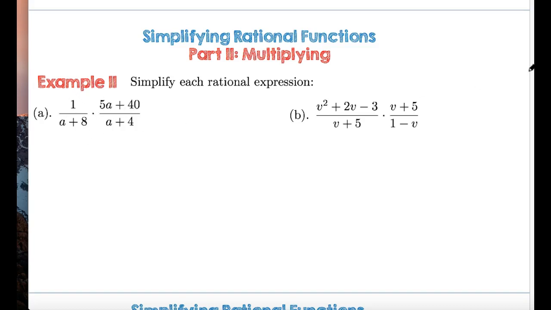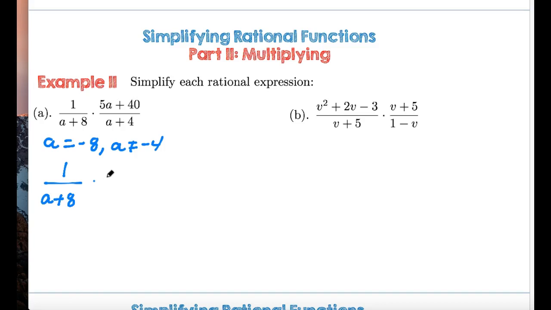So the first part of this is prime. And if we look at the denominators, the first thing here is a cannot equal negative 8, and a cannot equal negative 4. So the first fraction there is prime. You can't simplify that. So let's go ahead and start working on the second part.